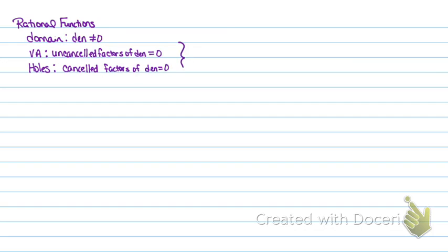Together, the vertical asymptotes and the holes will make up the restrictions in the domain. So you're going to have your domain where x can't equal this list of numbers, right?